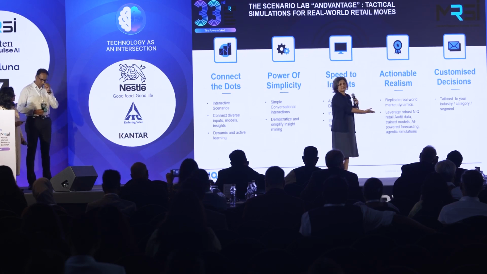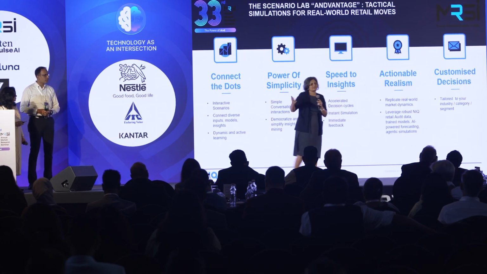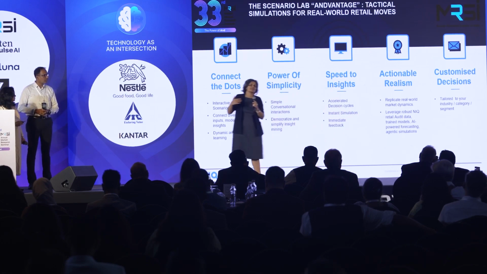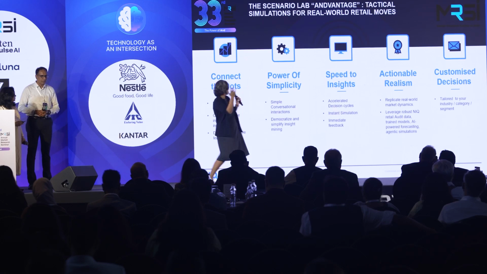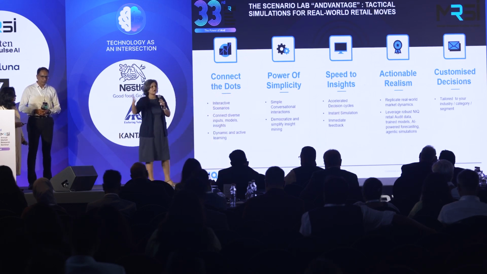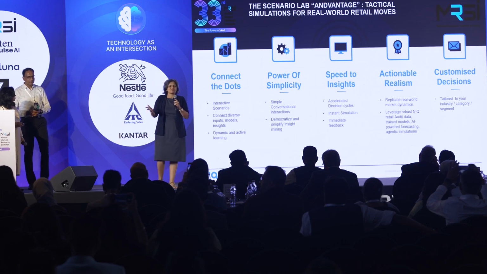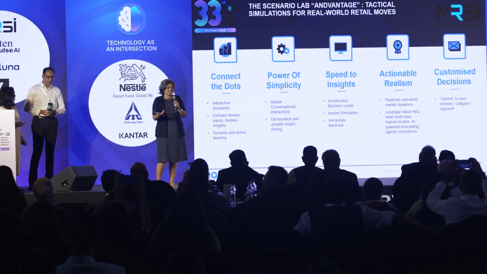I can also do it for my competition. And I create various scenarios. These scenarios can tell me what is the action that will give me maximum benefit. So this is what we are talking about: connect the dots between all of the data and all of the models that you have and create scenarios that will tell you how your strategy is going to work out in a real life scenario.